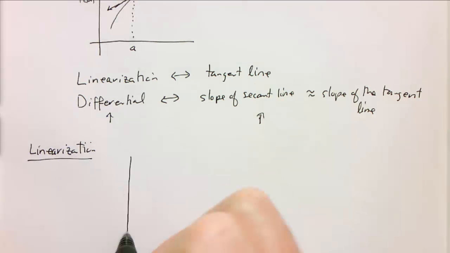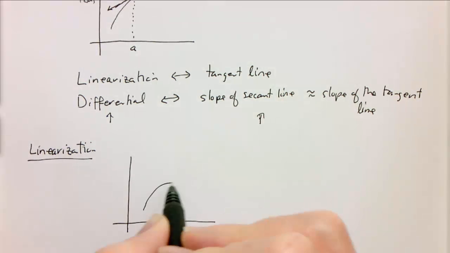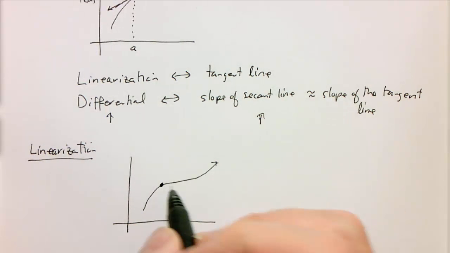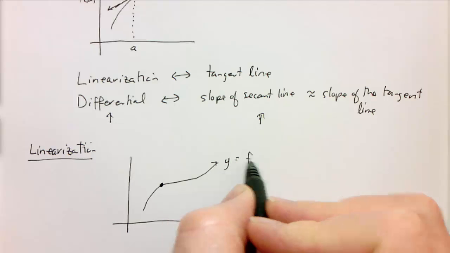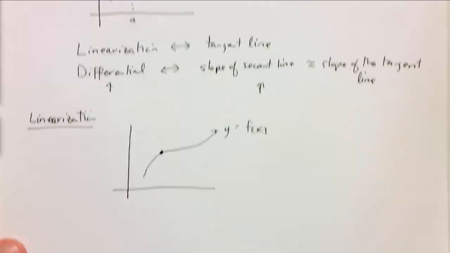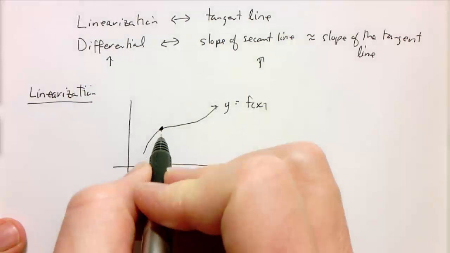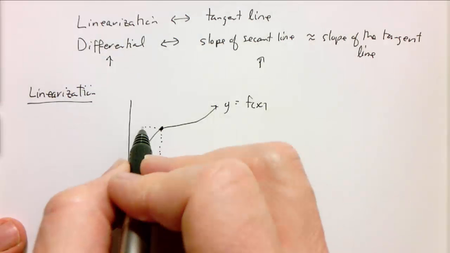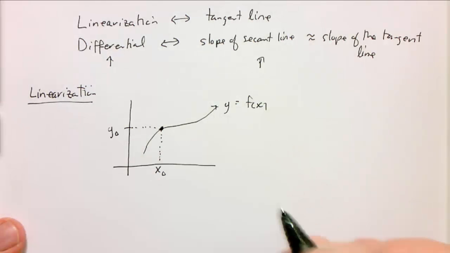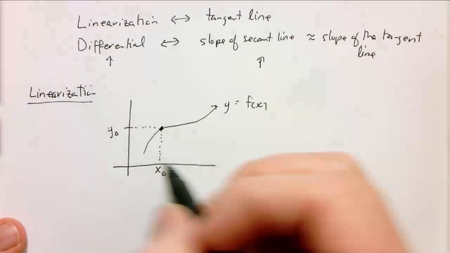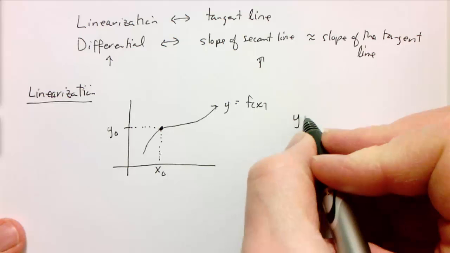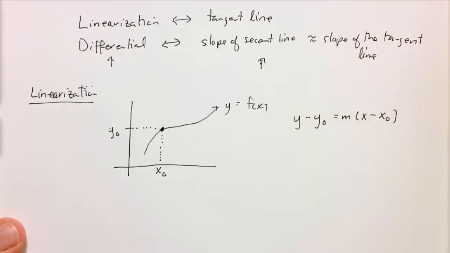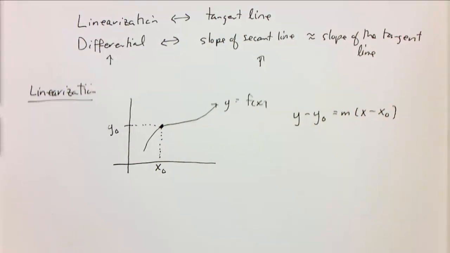Okay, so tangent line. Got my graph. All right. If I want to find a tangent line, say at this location on the graph, what do I need to do? Well, I need the coordinates to that point. And like for the equation of any line, right, there it is in slope-intercept form.